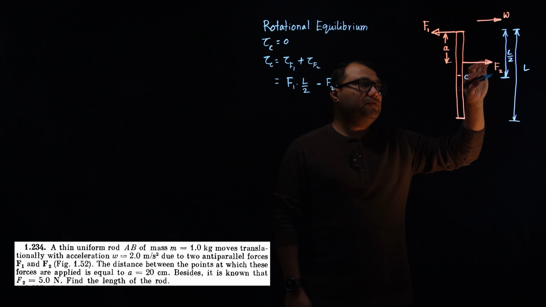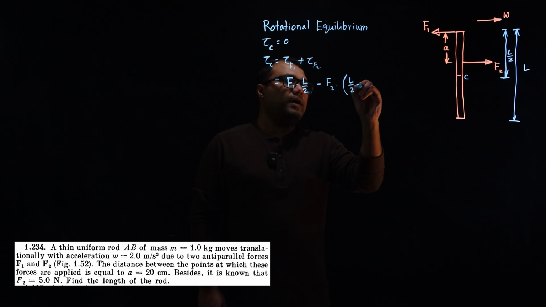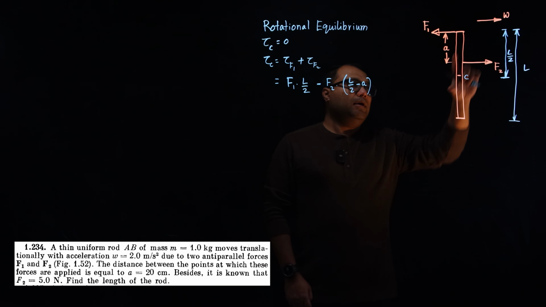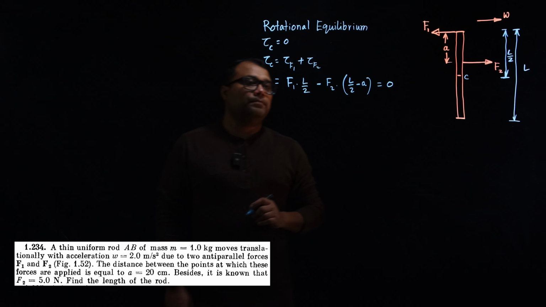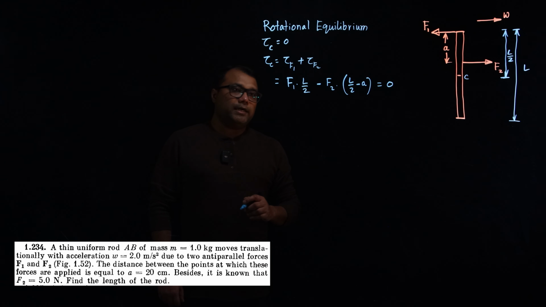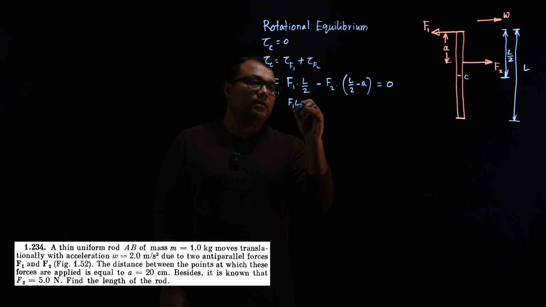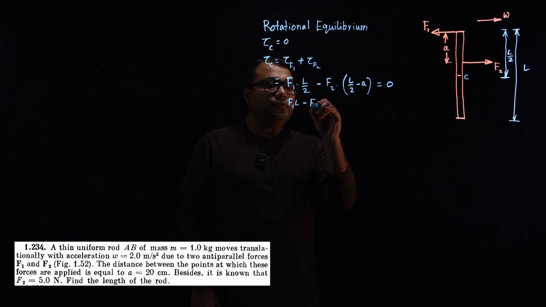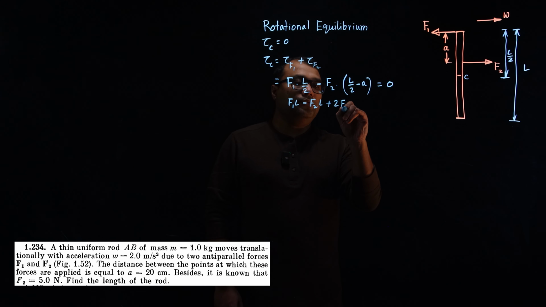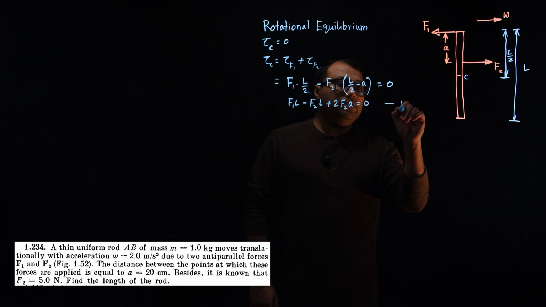The perpendicular distance from F2 to the center of mass is L by 2 minus A. So, this should be equal to 0. From this we get one relation: F1L minus F2L plus 2F2A equals 0. Let us say this is equation number 1.